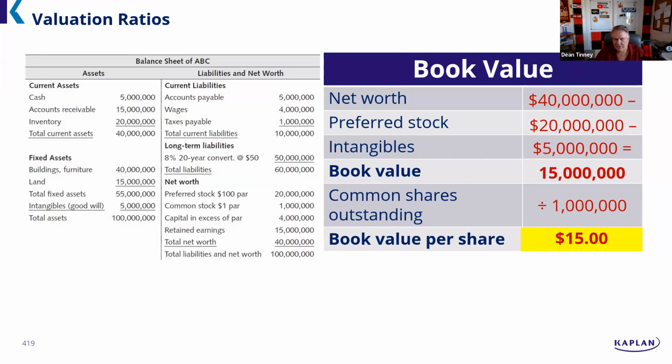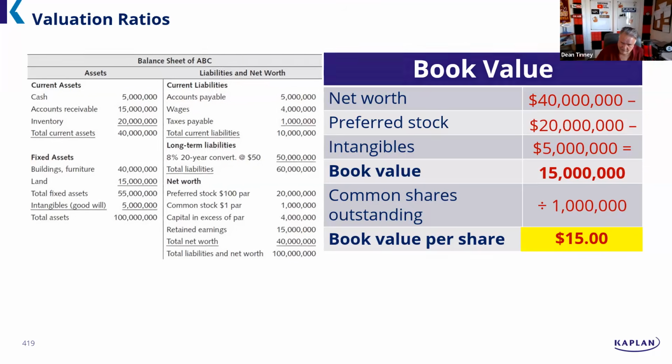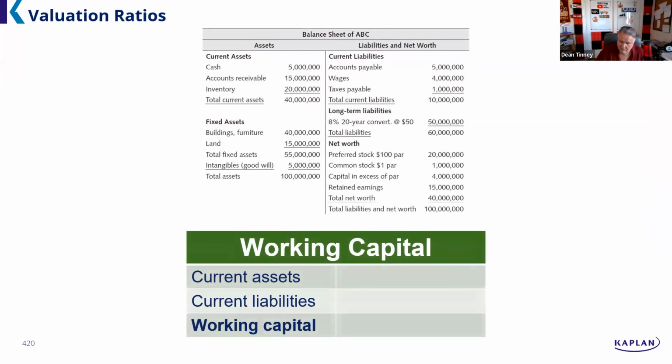Now, you do get tested on some liquidity ratios, either recognizing them or actually having to do them. It depends on your draw. So it could be A, B, C, D, or it could just be figured out based on this exhibit. So working capital test question is current assets minus current liabilities. And I told you that alone could be a test question.